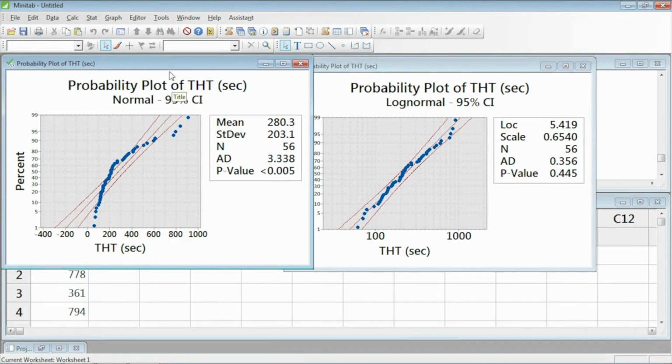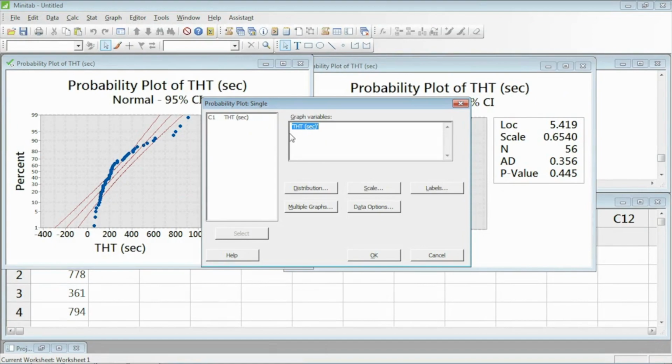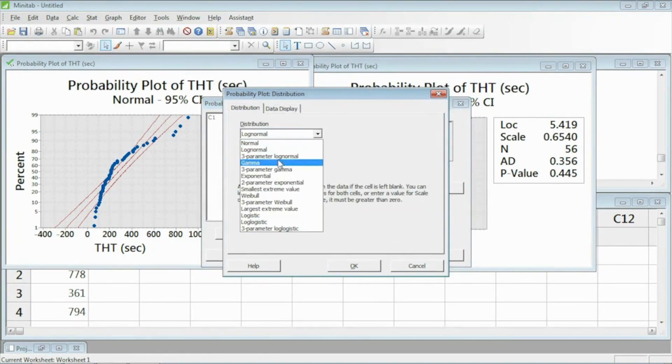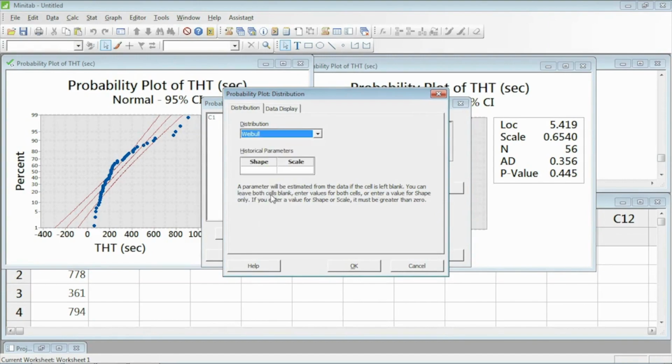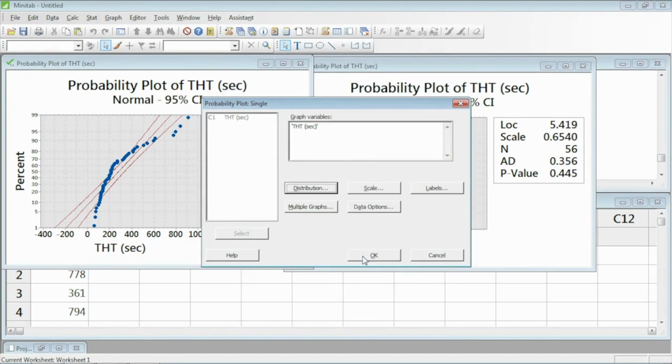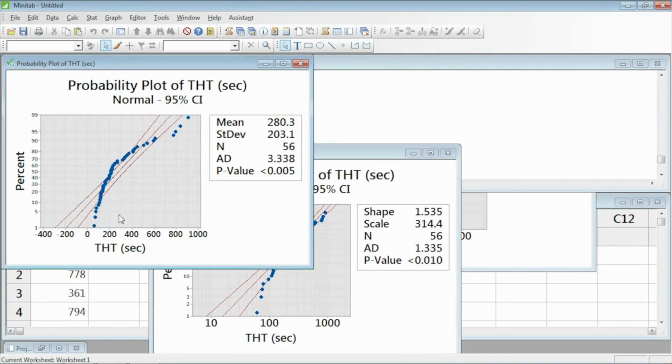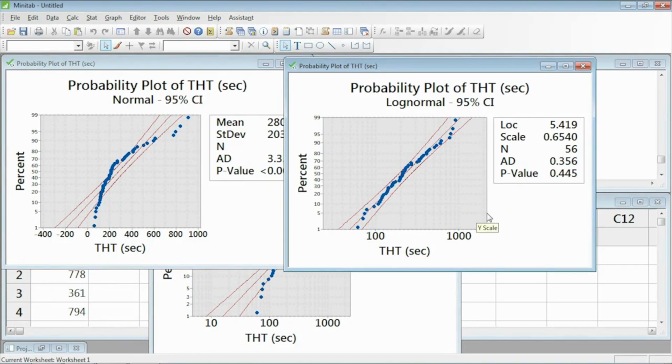Let's make another one. An easier way to go back is with this Edit Last Dialog button, and you get there straight away. Go to Distribution and select the Weibull distribution here. OK, OK. And this is our third probability plot. Well, let's have a look at these outputs.